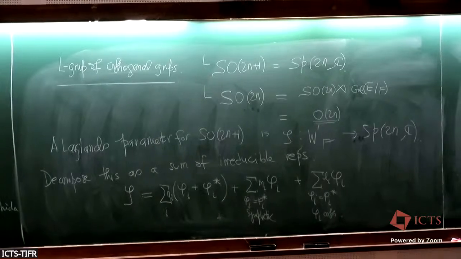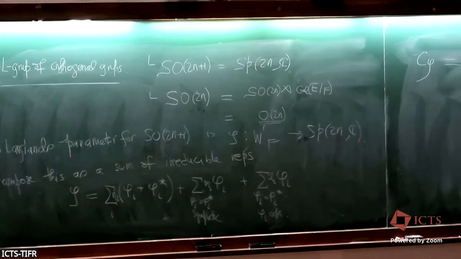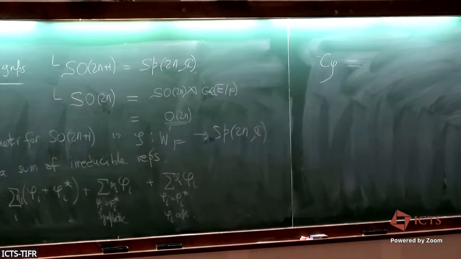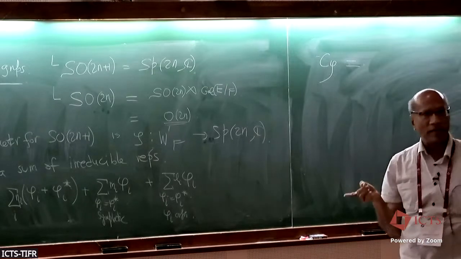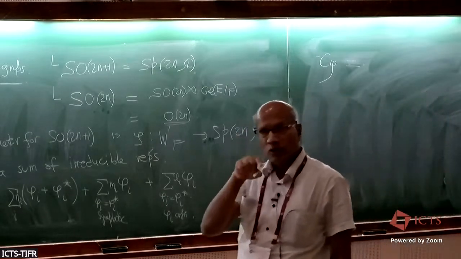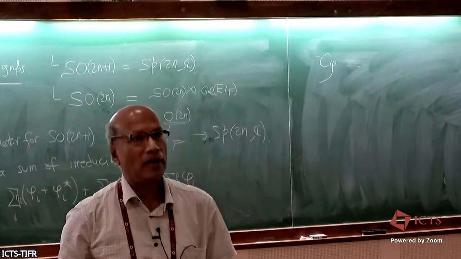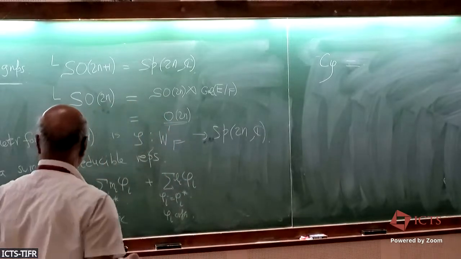So the centralizer C_phi is equal to, so you see phi_i plus phi_i star appears with multiplicity N_i. If you are doing this inside GL_n, then to each irreducible representation, the number of copies it appears, the corresponding centralizer will have GL_{N_i}. So roughly that is the picture.